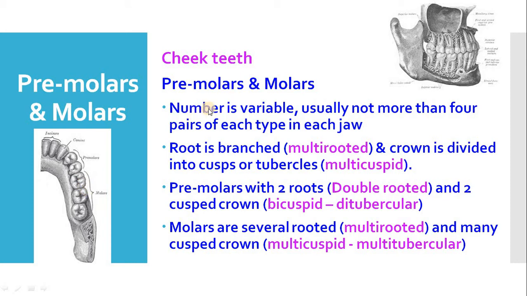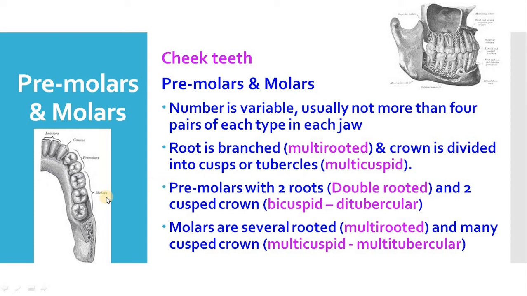Okay. Then premolars and molars. The number is variable, usually not more than 4 pairs of each type in each jaw. Root is branched, means they will be having many roots. That's why dentists find it very difficult to remove the premolars and molars. They will be having more roots.